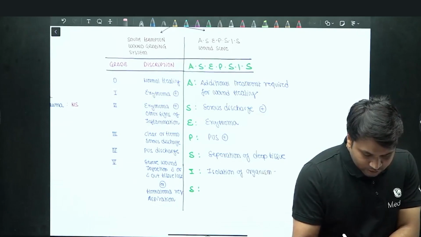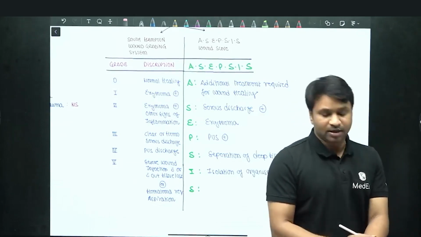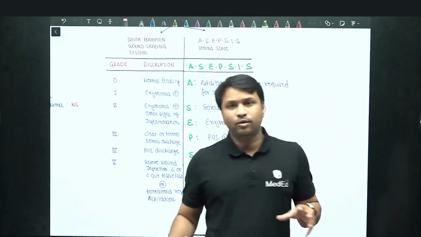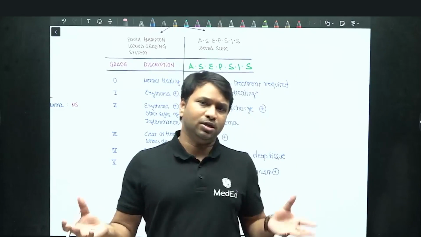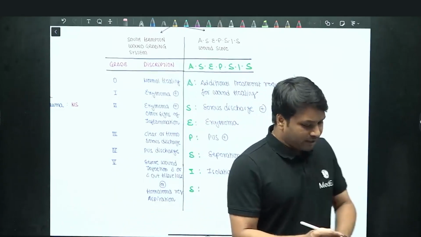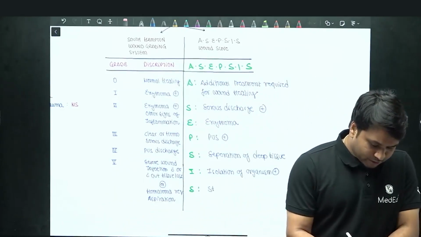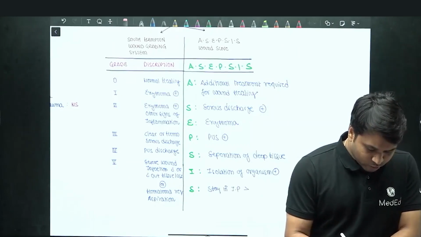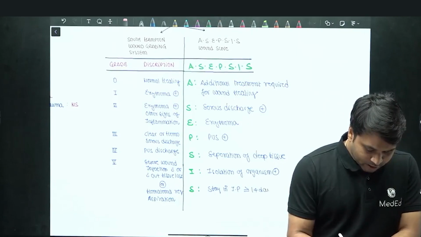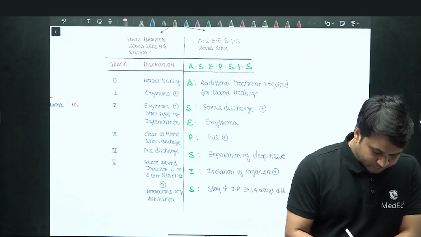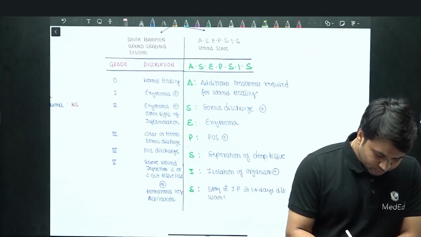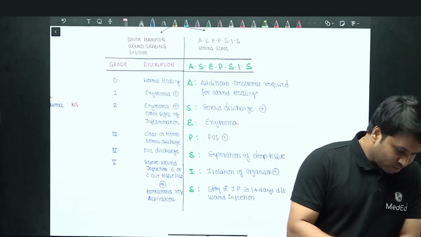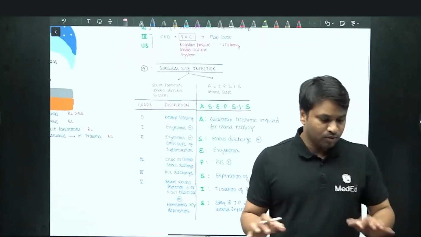If there is isolation of organism, that says there is an active infection. The ideal way to know whether there is a wound infection or not is culture. If culture is positive, you cannot deny it. S is stay in inpatient for more than or equal to 14 days due to wound infection. All these are the parameters that were put into the ASEPSIS wound score.